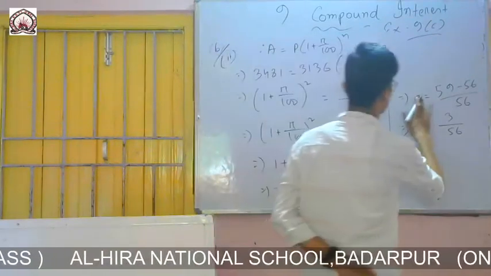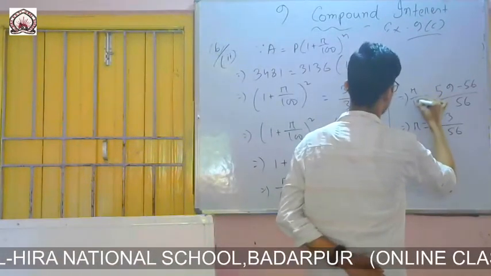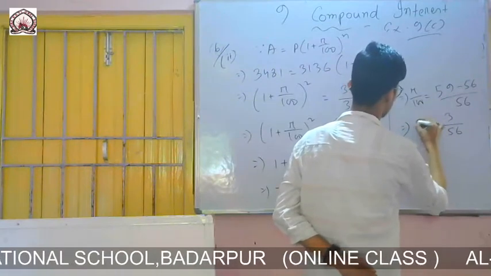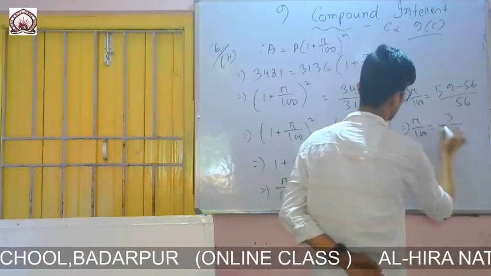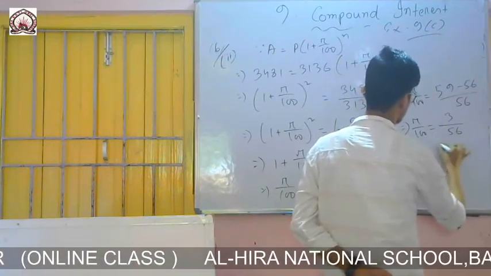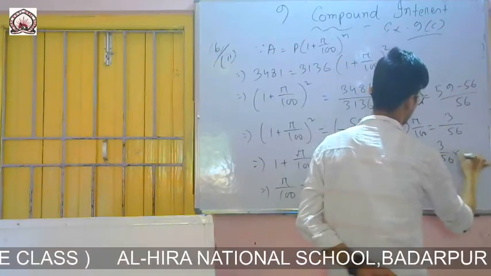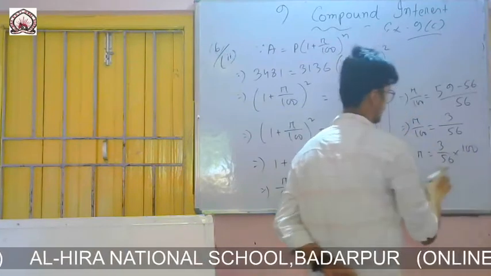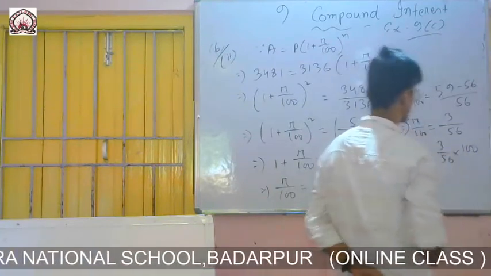Sorry, R by 100 is there. So if I change this one, it is divide here, if it goes to that side, it will be multiply. So 56 and 100, I can cancel it.